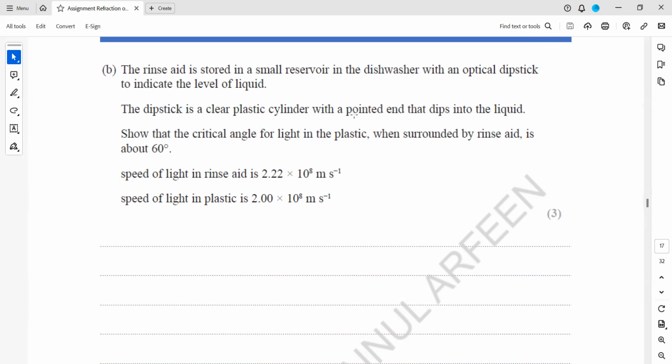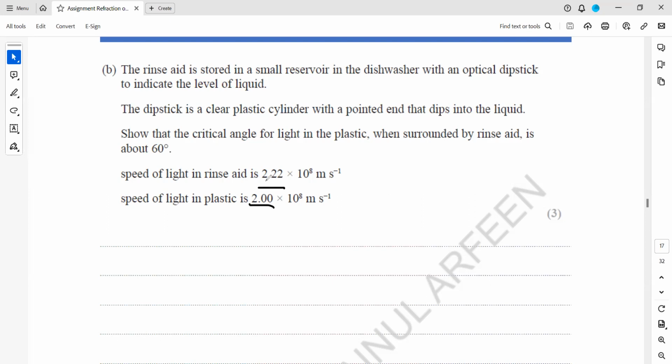The speed of light in rinse aid, so here what is happening? The light is moving from rinse aid to plastic or from plastic to rinse aid. So you don't have a refractive index of 1 here. You have to show the critical angle, and look, this is 2.22. The speed of light in the rinse aid and the speed of light in the plastic is 2 exponent 8.